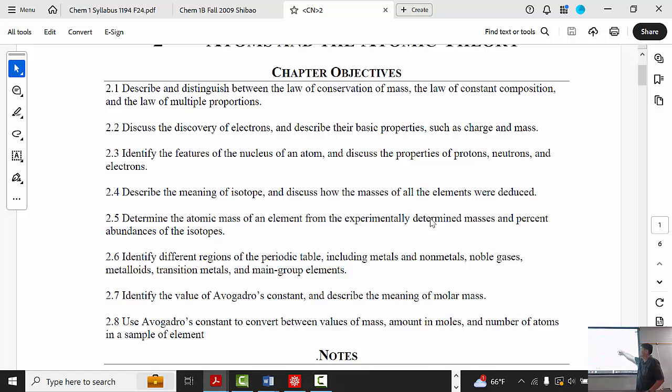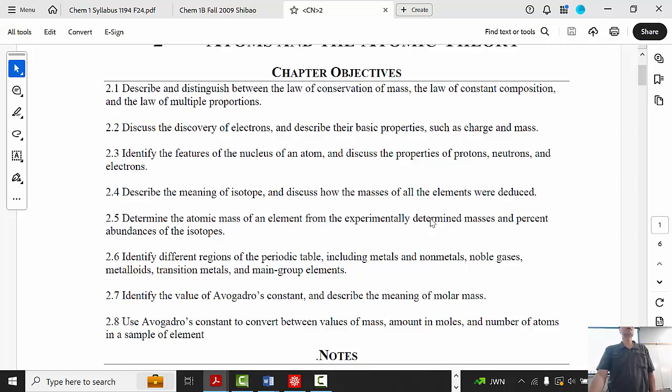2.2, discuss the discovery of electrons and describe the basic properties such as charge and mass. Discovery of the electrons. Do you know who was credited for discovering the electrons? Or what instrument was used in the discovery of the electron? It was a tube, CRT.